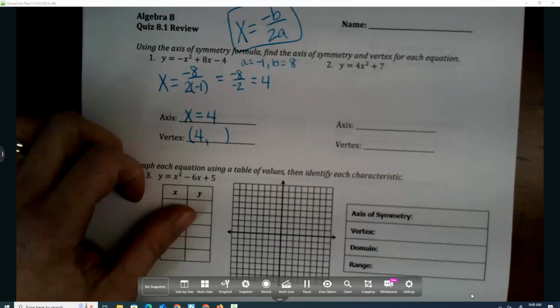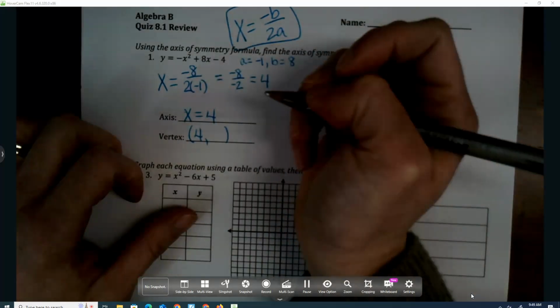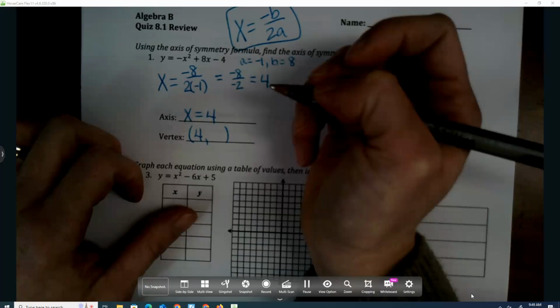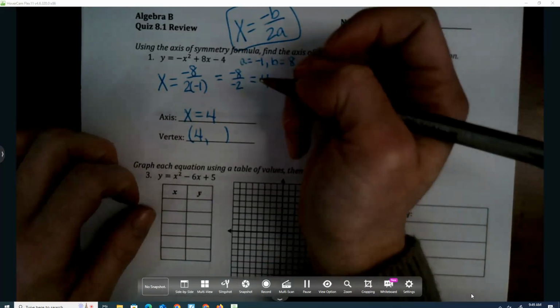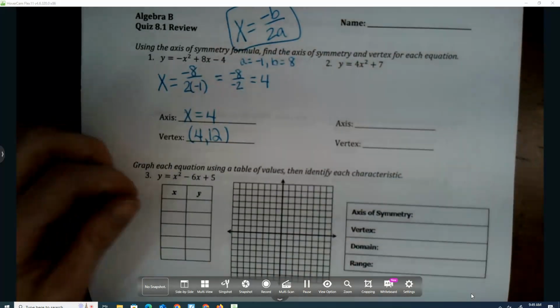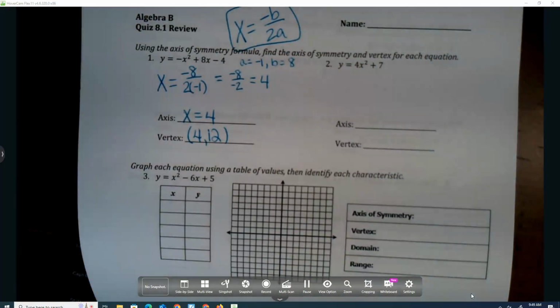What do you get? What did you guys get when you plugged it in? 12. Okay, if anybody didn't get 12 and needs me to check their calculator right now, raise your hand. Happy to come around and look at those.